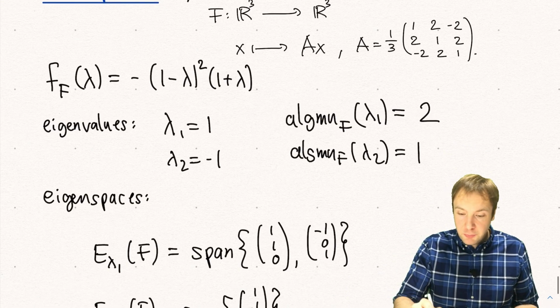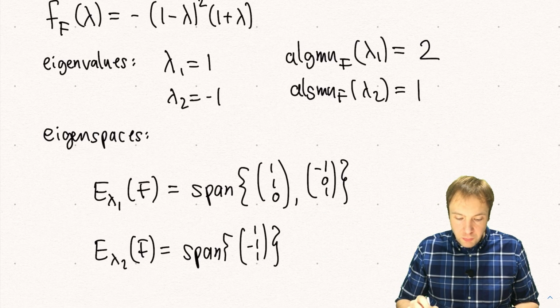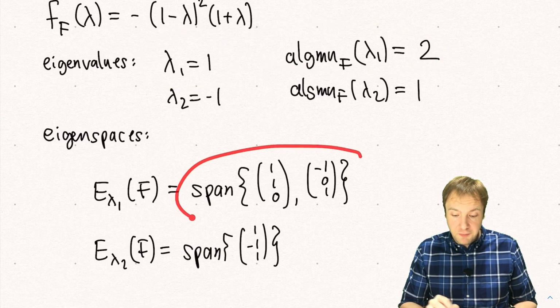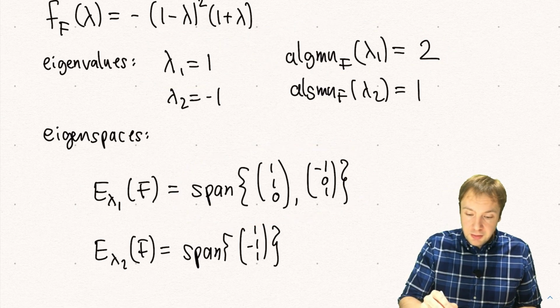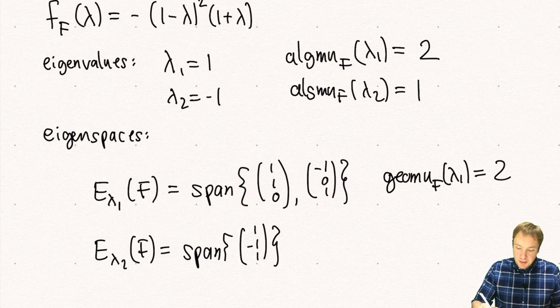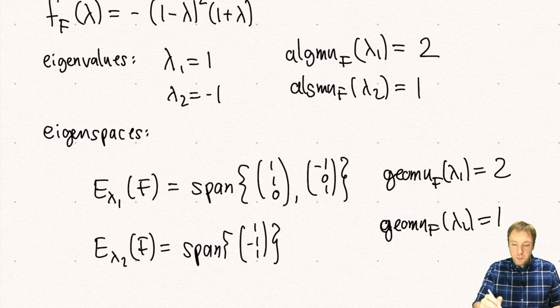And then we also calculated the eigenspaces. So the eigenspace of the eigenvalue lambda 1 was given by this plane here. So we see that the geometric multiplicity of lambda 1 is 2, because this plane here is two-dimensional, and the geometric multiplicity of the second eigenvalue was 1, given by this line here.